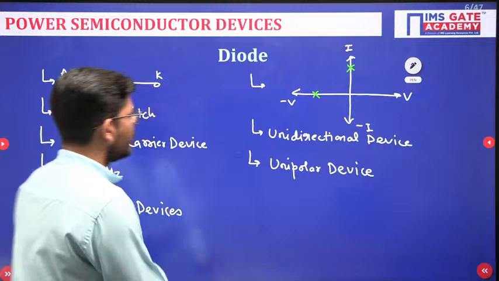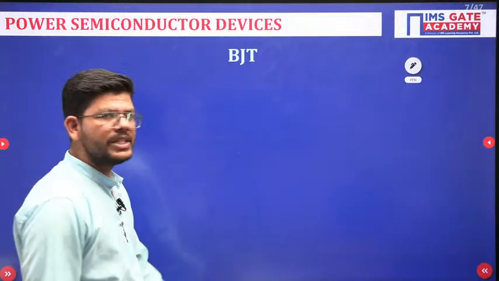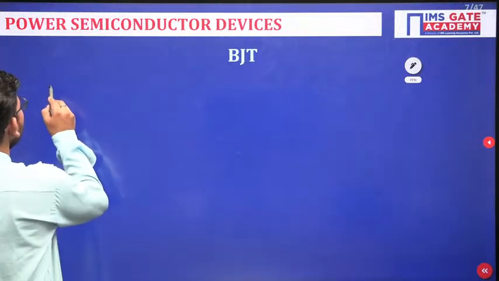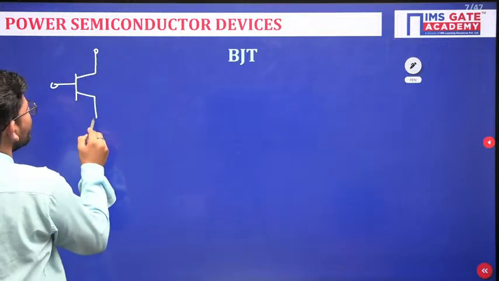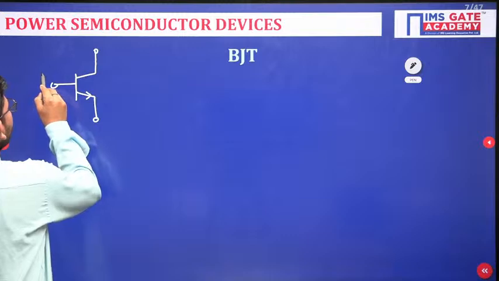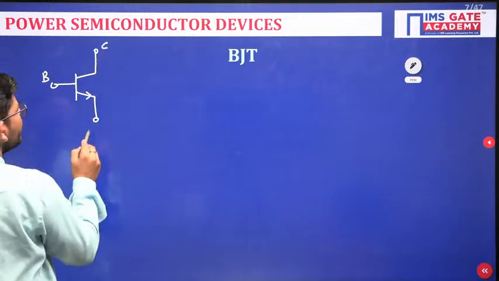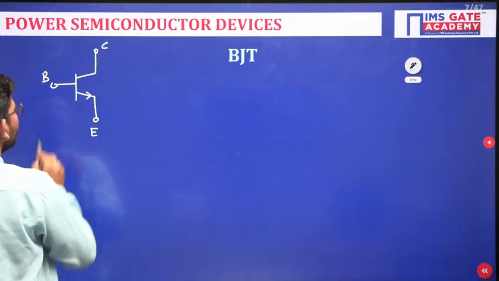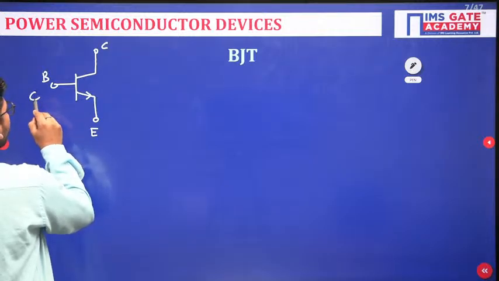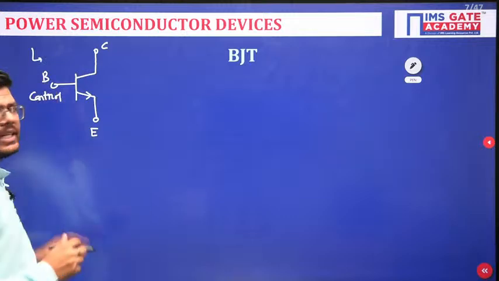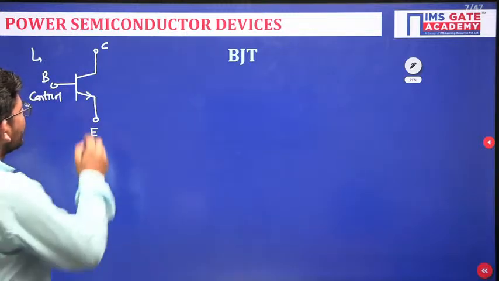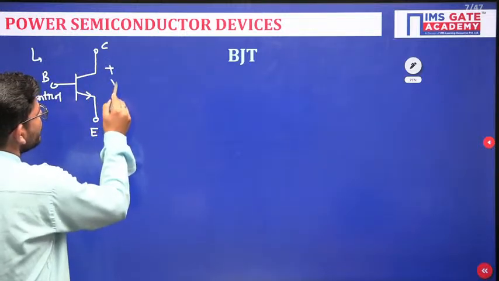Now moving towards the next switch, BJT. What is the circuit symbol? NPN or PNP, two types of BJTs are there, but NPN is more popular. It has the base, a control terminal, and the emitter terminal. Base is basically acting as a control terminal here. You have to first apply the voltage here.